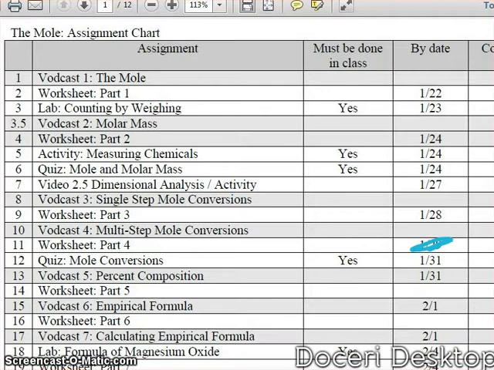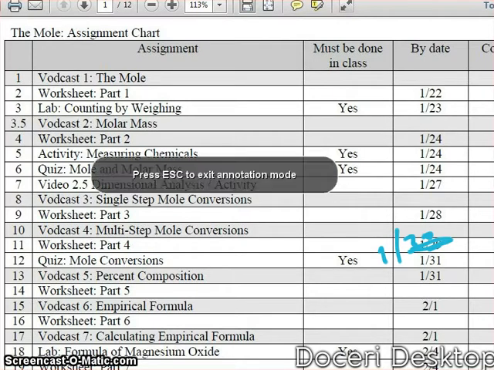The multi-step mole conversions, I'm going to change that due date to Thursday, so this should be changed to 1:30. And all of your other quizzes and everything should stay on speed. You're being given a lot more time in class to work on these things, and I have a sub coming in who knows his chemistry, so he can actually help you out. And I want to make sure that my illness doesn't cause anybody to fall behind.